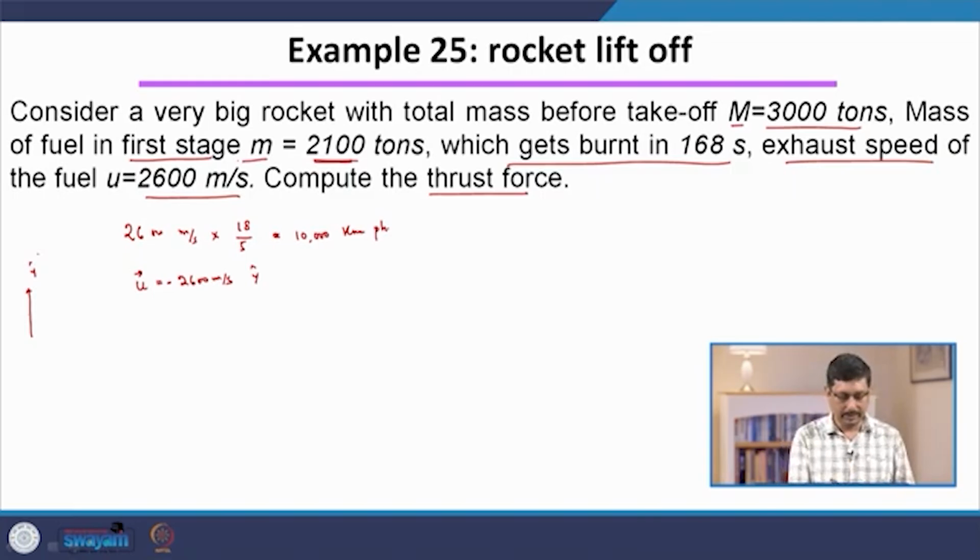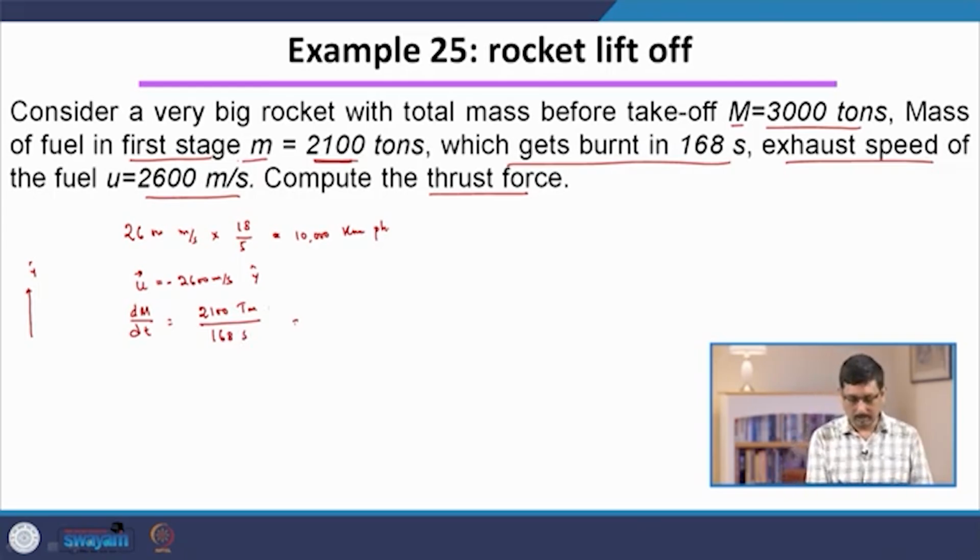So, this is in the negative direction, and it is given that the rate of change of the rocket's mass is 2100 tons burnt in just 168 seconds. So, this is about 2.1 times 10 to the power 6 kg per second.